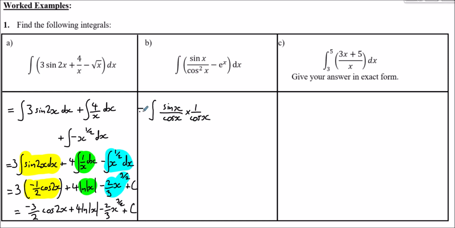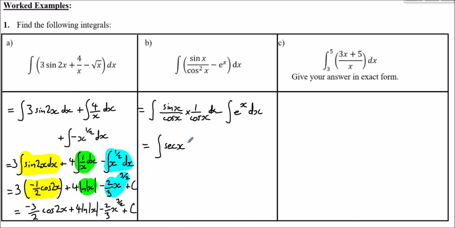So this bit equals this, and then I'm going to minus off the integral, and put dx, almost forgot. I need to minus off the integral of e to the x dx. Now sine over cos is going to be tan x, and 1 over cos is going to be sec x. I'm going to rewrite this not as tan times sec, but as sec multiplied by tan.